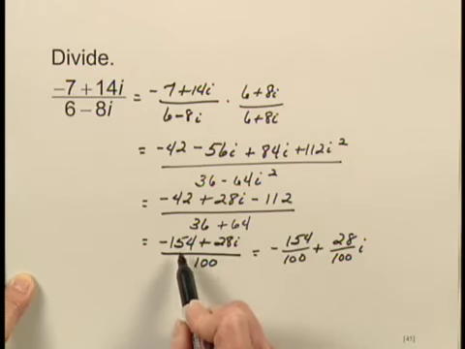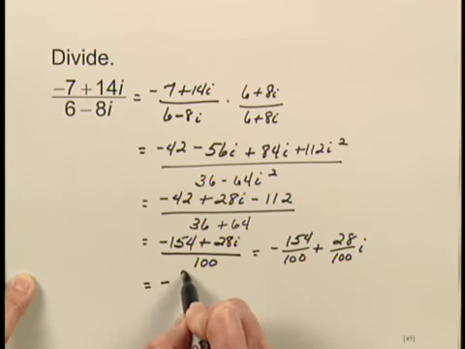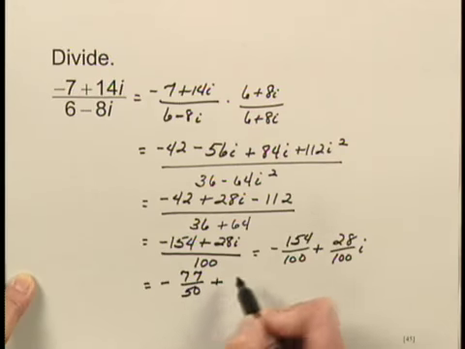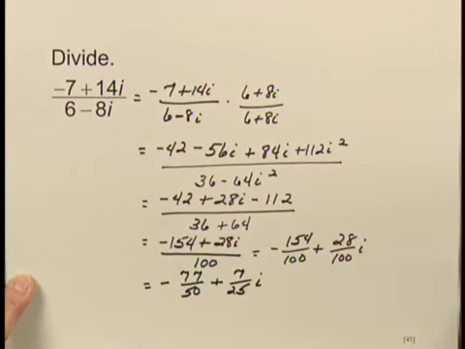I've just divided 100 into each of these terms in the numerator. And I can simplify each of those. I would have, after I simplify, negative 77 over 50 plus 7 over 25 i. So this is the quotient that we were looking for.